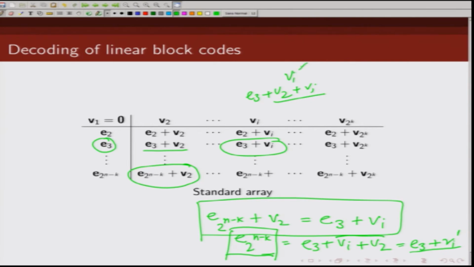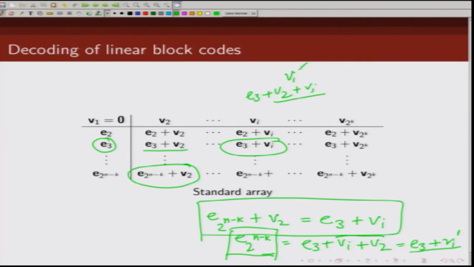So, this would have been some other code word. So, the elements in each row would have remained the same, only they would have just got reordered. Okay. So, if we pick any other element in the row as coset leader, it does not change the elements in a coset or in a row.